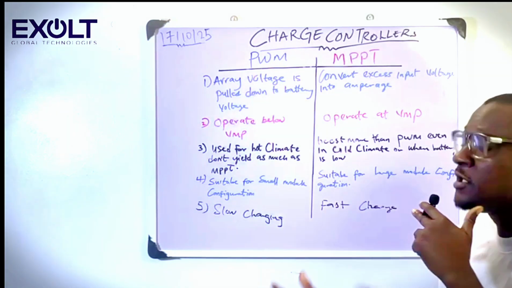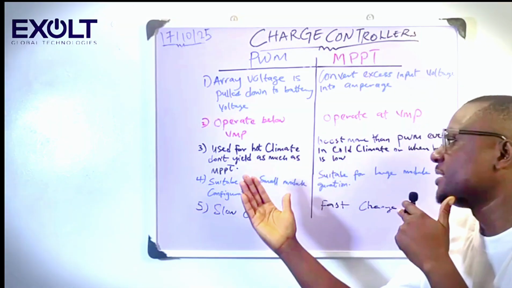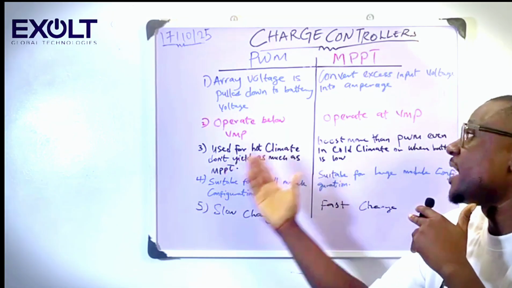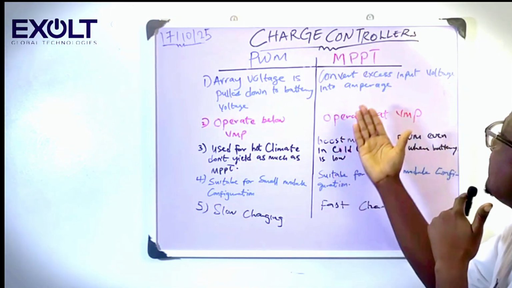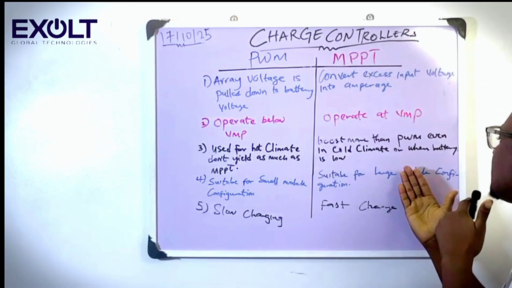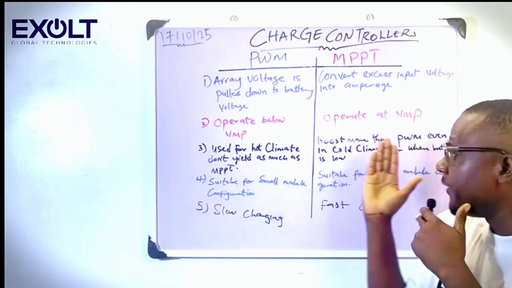So PWM is used and advised to be used where there is a very hot climate, and even in a hot climate, it cannot yield as much as MPPT. While the MPPT boosts more than PWM even in a cold climate or when the battery is low. So this guy can boost your battery very fast.